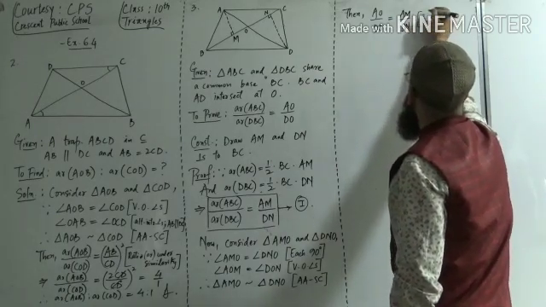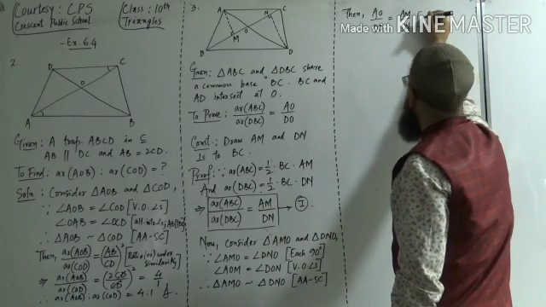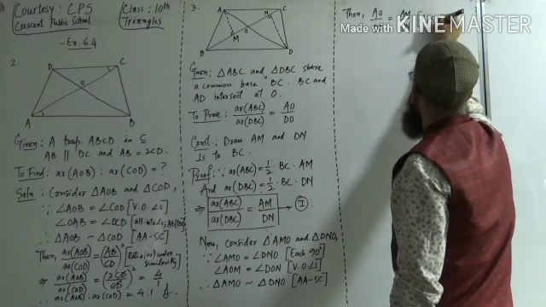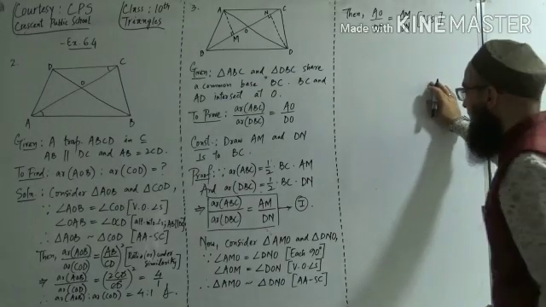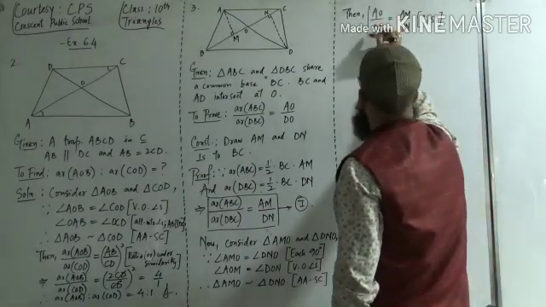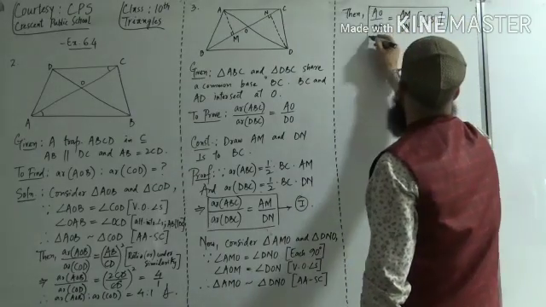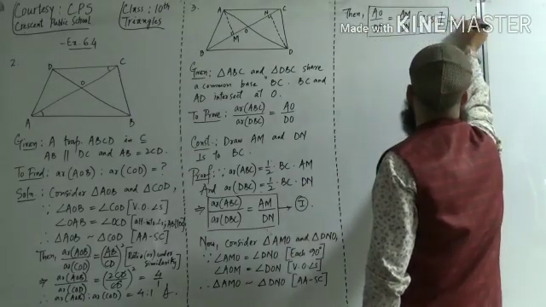Isn't it? This is CPCT, corresponding parts of similar triangles. Now let us call this equation second.